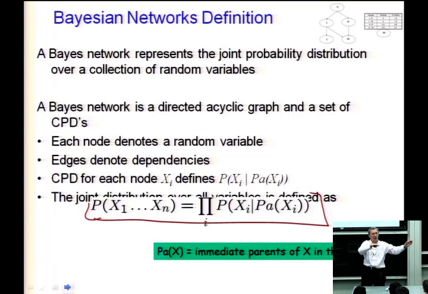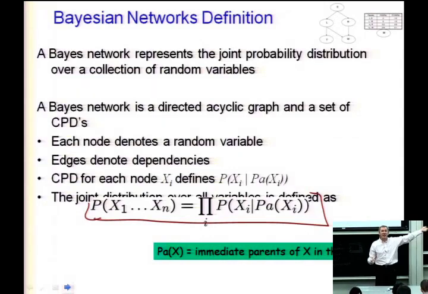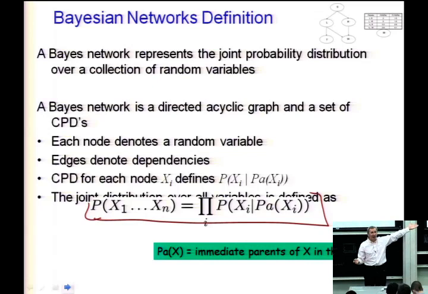Well, in a minute, we'll see that we can very easily calculate the joint probability of any given assignment of values to the random variables. And so, effectively, it's very easy to fill out that table from this graph.